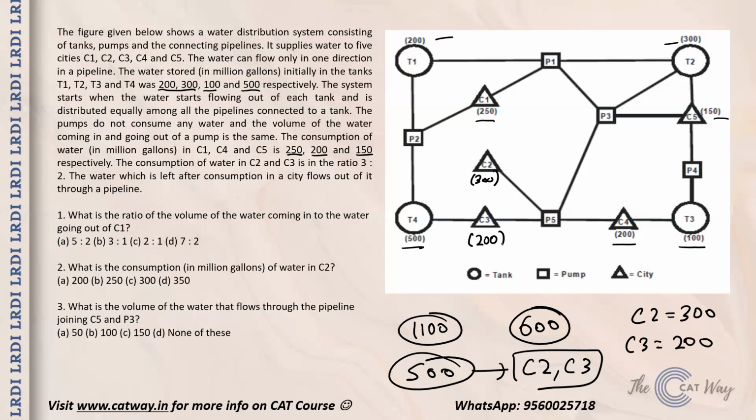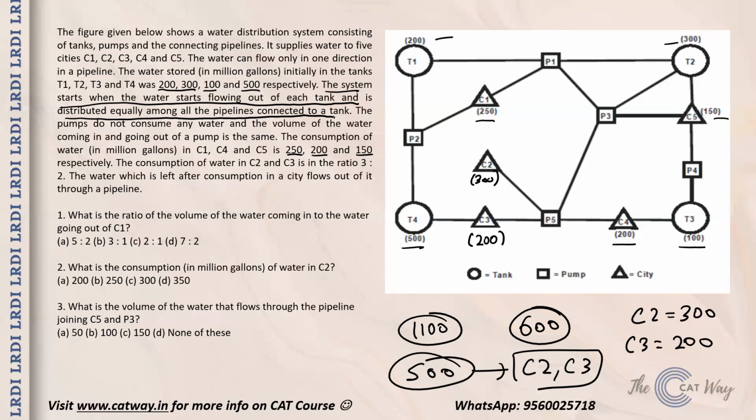Now we only have to start with the direction. One thing, if you remember, we learned is that the system starts when water starts flowing out of each tank and is distributed equally among all the pipelines connected to a tank. So starting from the tank, whatever the number of pipelines connected to that tank, the water will flow equally into them.